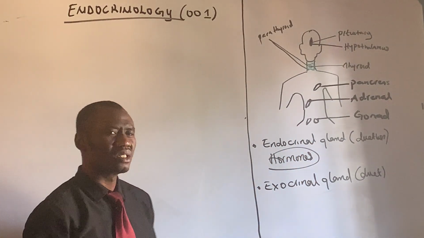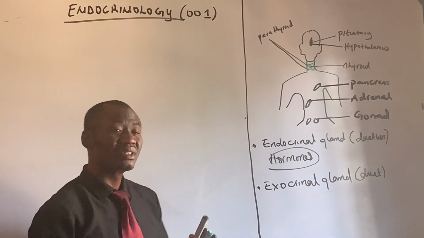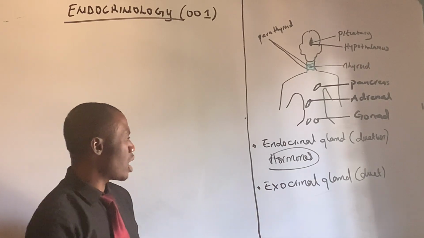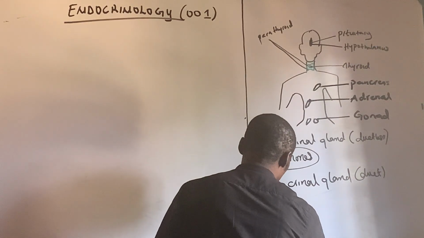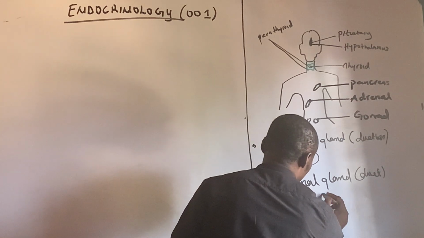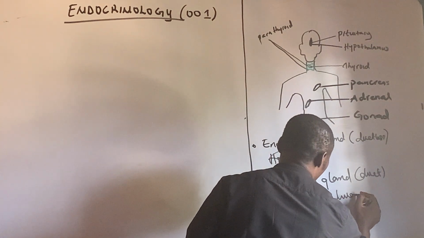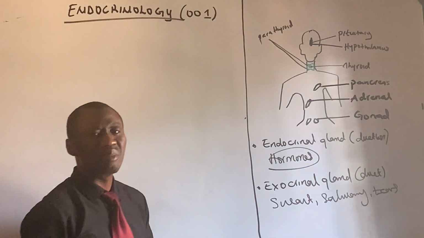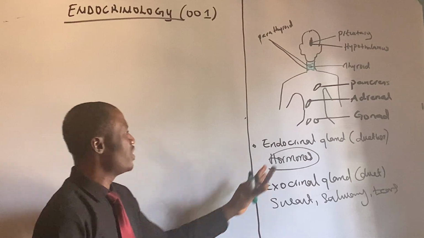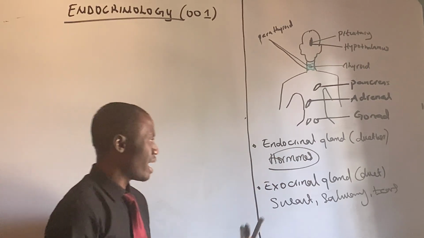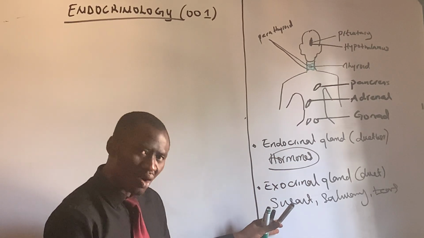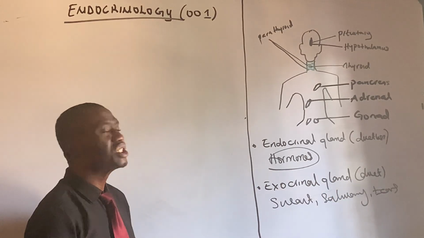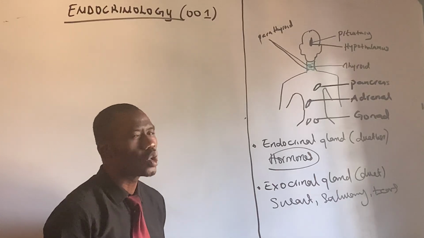We're talking about the sweat gland, the salivary gland, and the tear gland, or the lacrimal gland. The exocrine gland secretes substances that are not hormones.